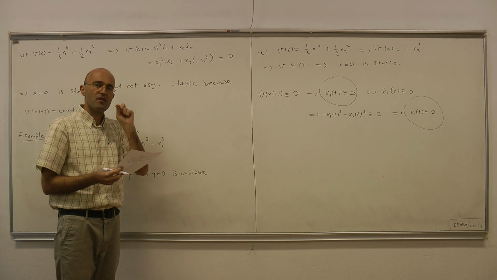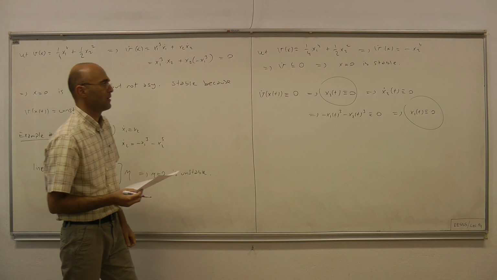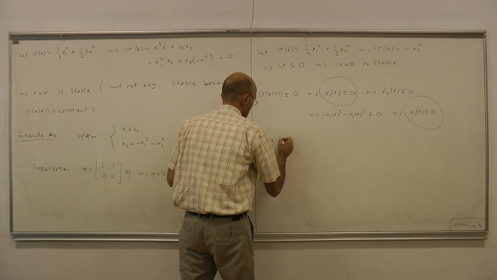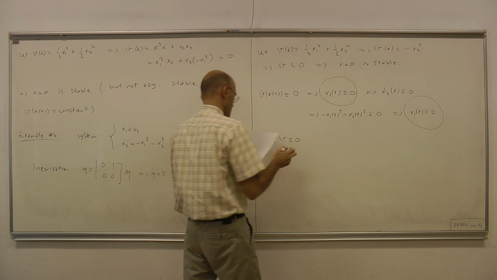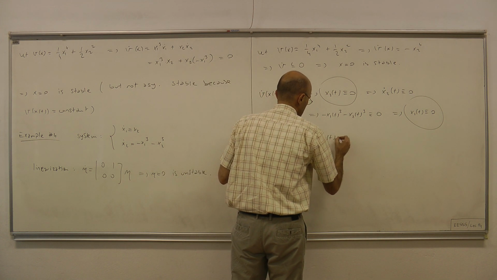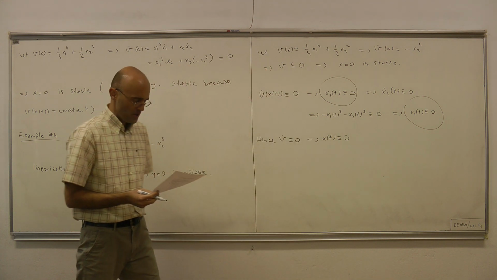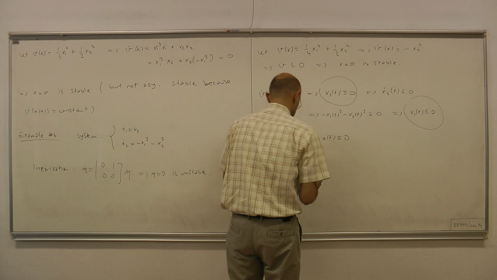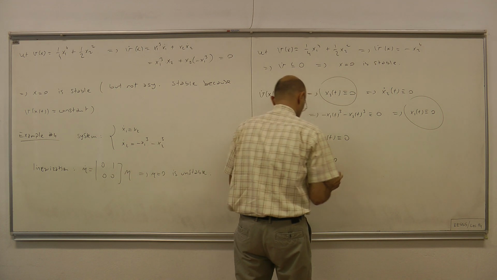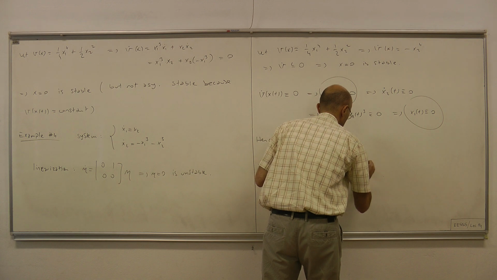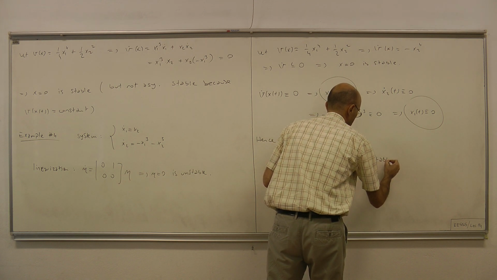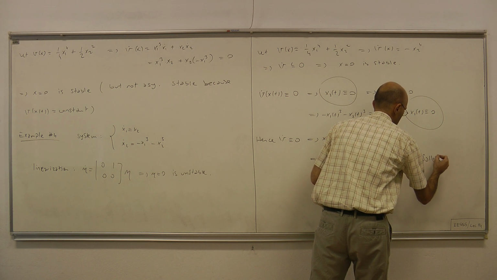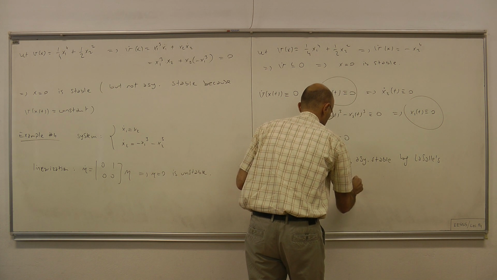That is, we're talking about a solution that sits at the origin, the equilibrium point. Hence, V dot identically zero means x of t is identically zero, and by LaSalle's invariance principle, x equals zero is asymptotically stable.